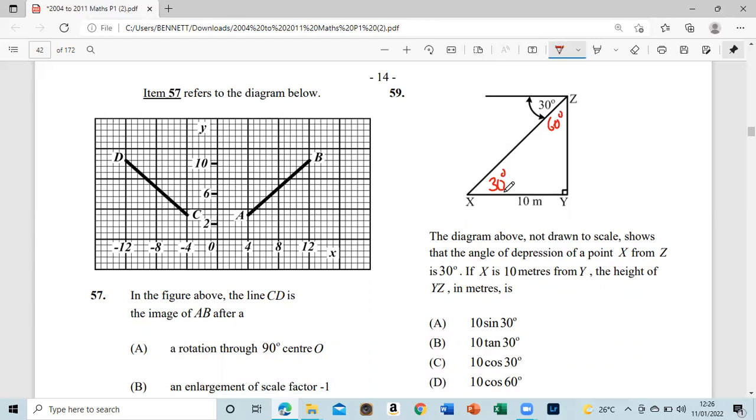So we get this, opposite over adjacent, so tan 30 equals YZ upon the 10. Cross multiply now. So it's 10 times tan 30.